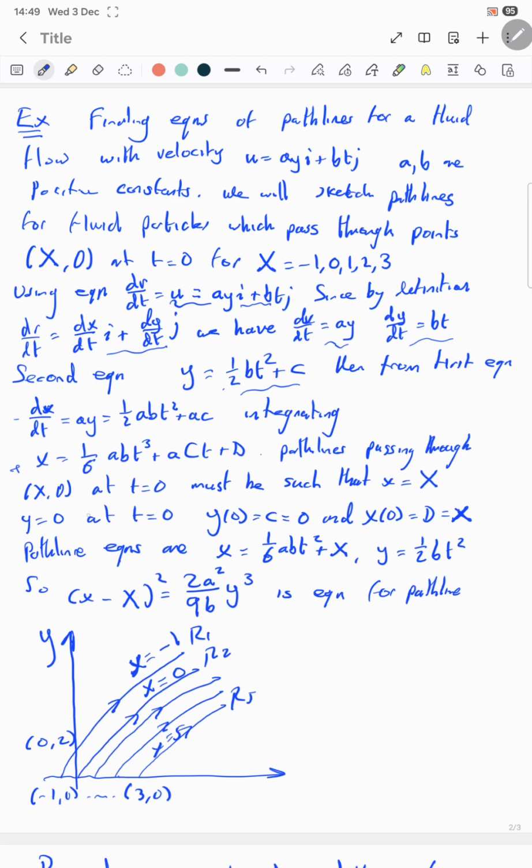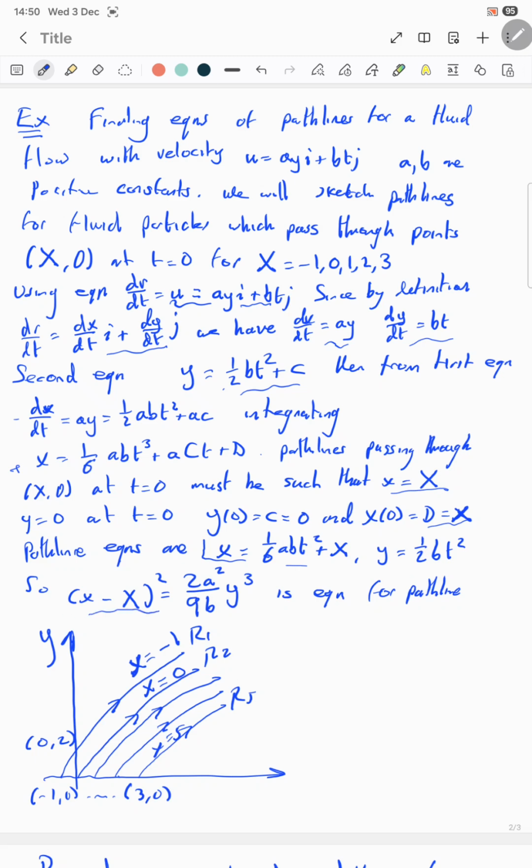Now, pathlines passing through point x0 at t equals 0 must be such that x equals our given x0. Now, y of 0 equals c equals 0, and x of 0 equals d equals x0. So the pathline equations are here: x equals 1/6 abt cubed plus x0, and y equals 1/2 bt squared.